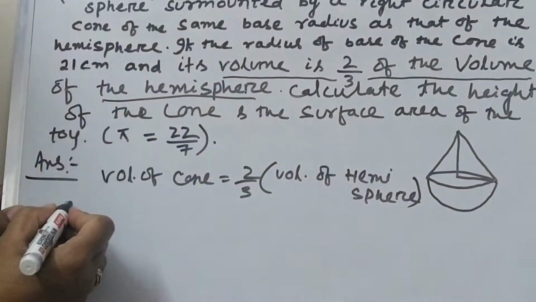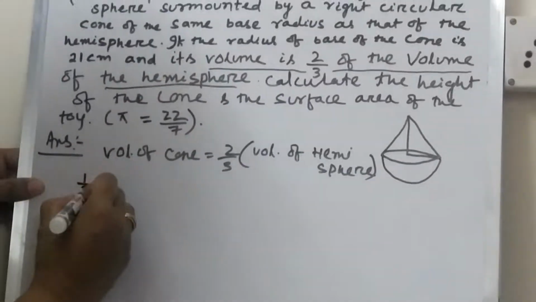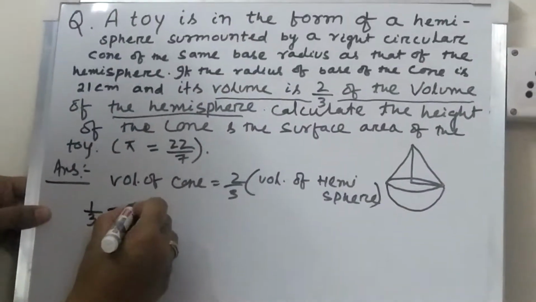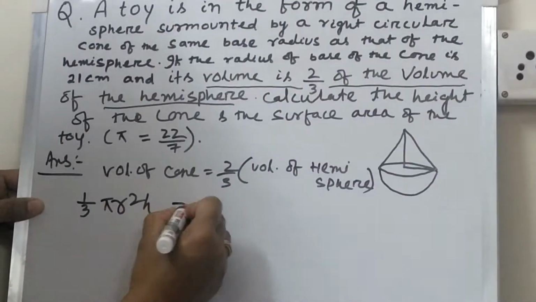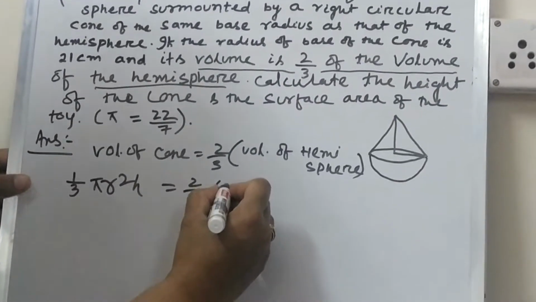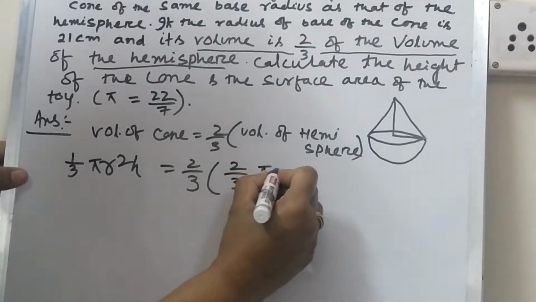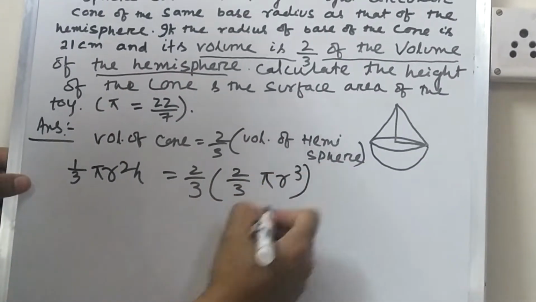We know the formula: volume of cone is 1/3 pi r square h, equal to 2/3 of the volume of a hemisphere. The formula is 2/3 pi r cube.